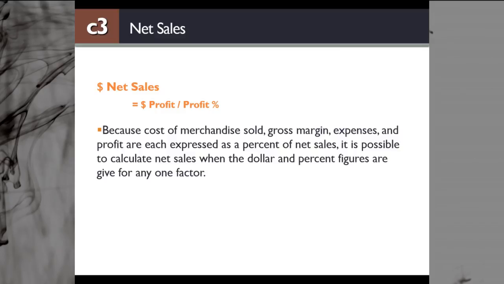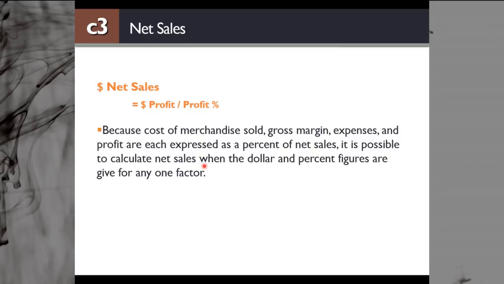So if you know any of these figures for one component, so if you know dollar expenses and percentage of the expenses, you can calculate these net sales. And if you know this gross margin dollar and percentage of this gross margin, then you can calculate the net sales too, right? So it is really possible to calculate net sales when the dollar and percent figures are given for any one factor.